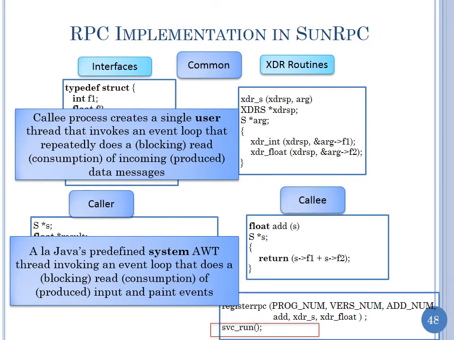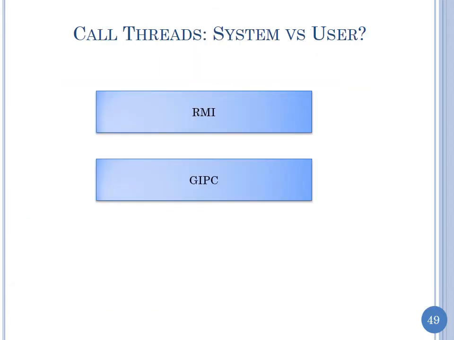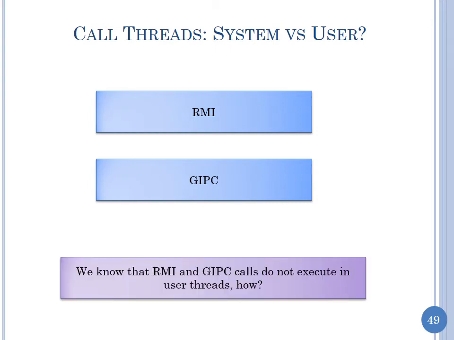So in Sun RPC, the main thread, or the thread that executed SVC run, which typically is the main thread, is the one that's executing all the called procedures. With RMI and GIPC, we don't know which threads are going to execute. And how do we know that? We've seen this before.